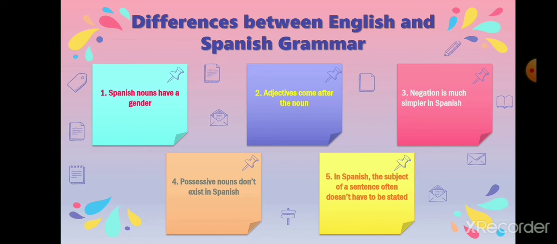Then we have that in Spanish the subject of a sentence often doesn't have to be stated. It means that with the proper conjugation in Spanish we already know the tense and the subject without explicitly stating it. Because of this, it is more acceptable to leave out some parts of sentences that we would normally state in English, such as the subject.